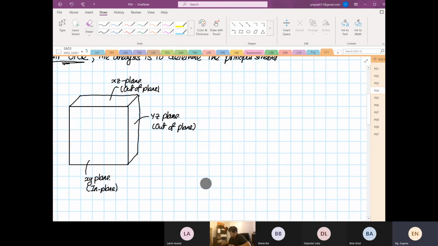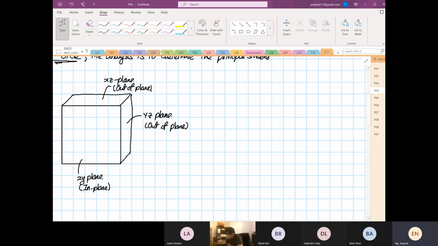Now, if we orientate, I probably did this with you guys before, but I want to go through this in case you forget. Now our structure is in this orientation. The transformation is still the same, by the way.